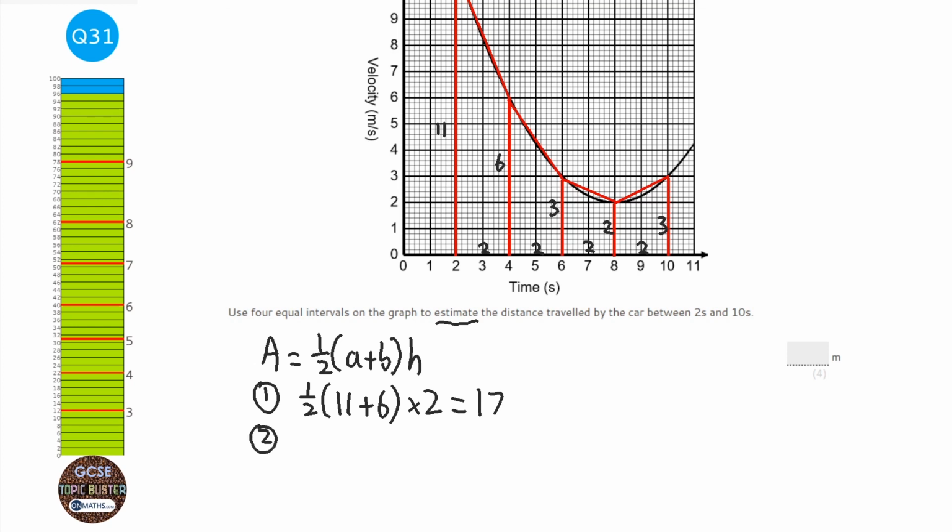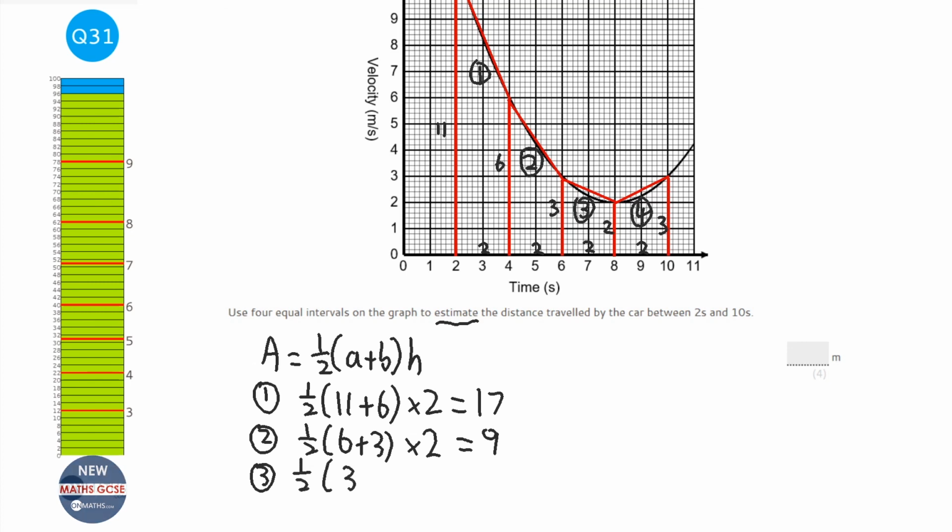The second one is going to be half times (6 plus 3) times 2. We know the half and the 2 will cancel out, so that's just going to be 9. The third trapezium, and you can actually number them on the graph itself to show the examiner which one you're working out, is half times (3 plus 2) times 2, which is just going to be 5.